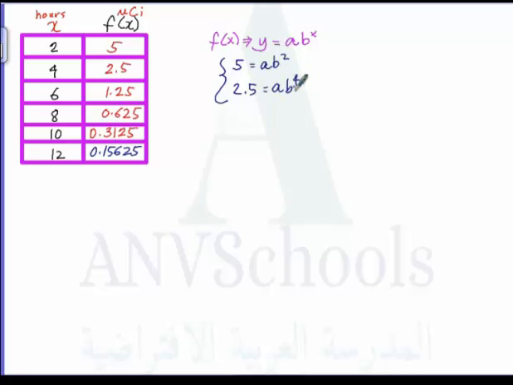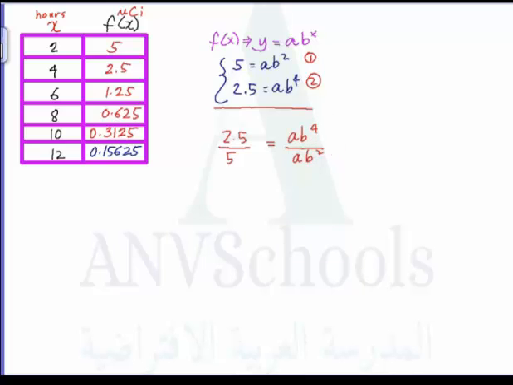Okay. And applying the ratio in computing for a and b, we get the ratio of the first and second equations. So we will have a ratio of 2.5 divided by 5, that would be equal to ab to the 4 over ab squared.